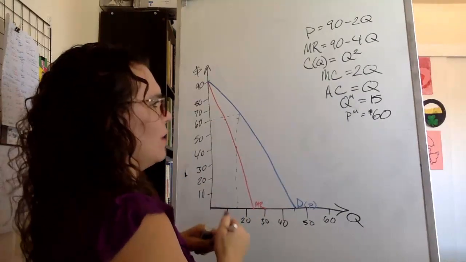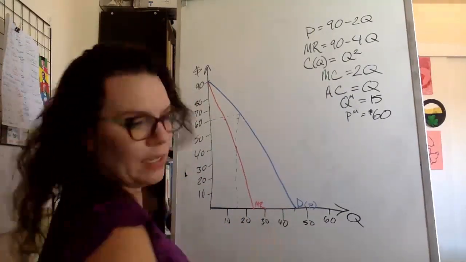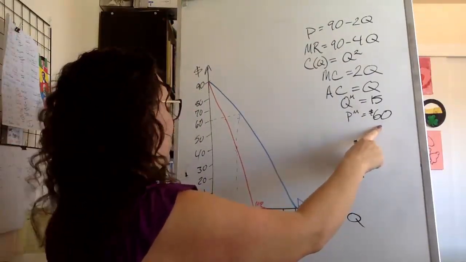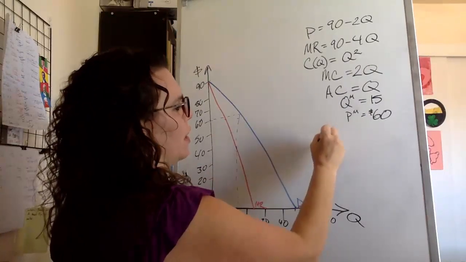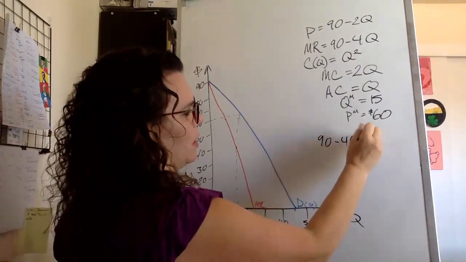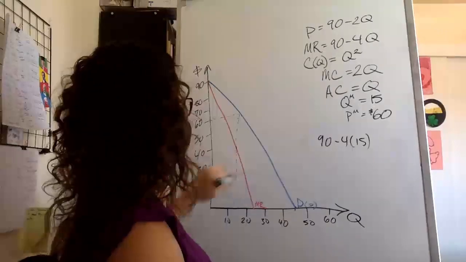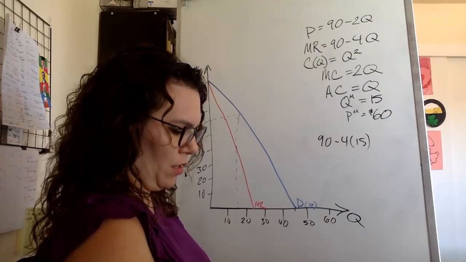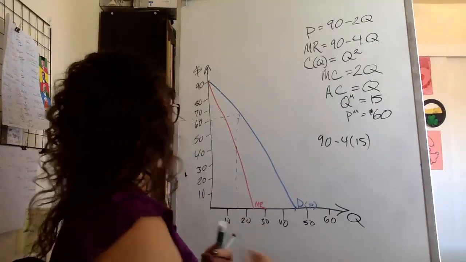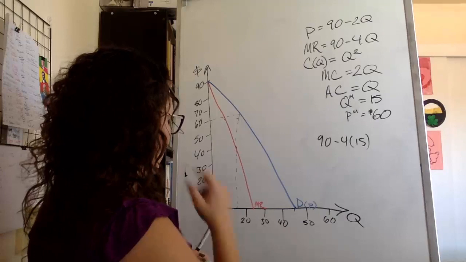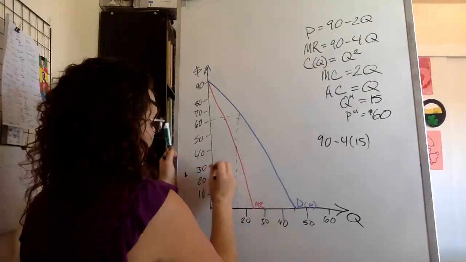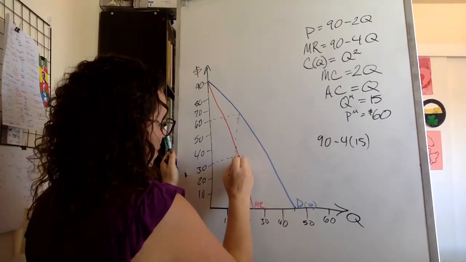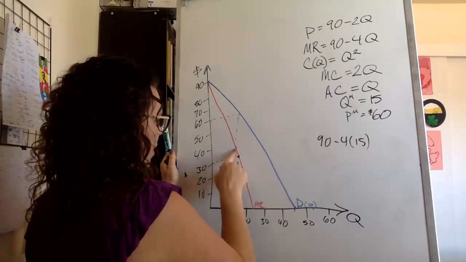So at a quantity of 15, we've got the price is going to be $60 and the marginal revenue of 90 minus 4 times 15 is going to give us our point at which it crosses the marginal revenue curve, which is 15 times 4, 60, 30. Yeah, that doesn't quite cross right. I didn't do my marginal revenue curve great. Must have the scales off a little bit here. There we go.